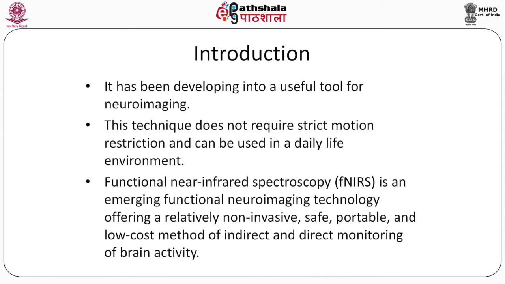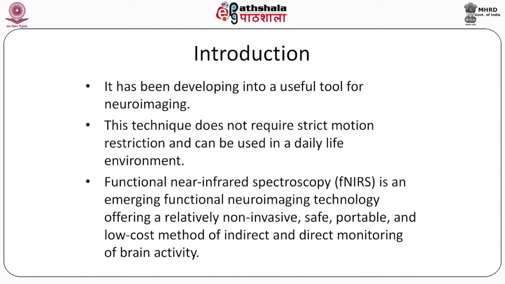Functional near infrared spectroscopy, in short fNIRS, is an emerging functional neuroimaging technology. Remember, it is relatively non-invasive. We do not go inside the body, and it is pretty safe. It is portable, we can carry it anywhere, in the clinics, in the wards, teaching rooms, and it is pretty economic.